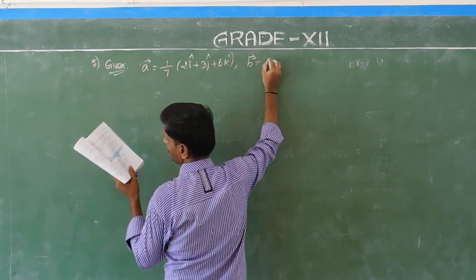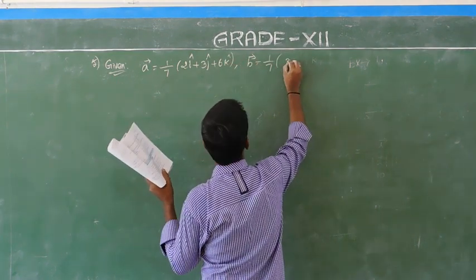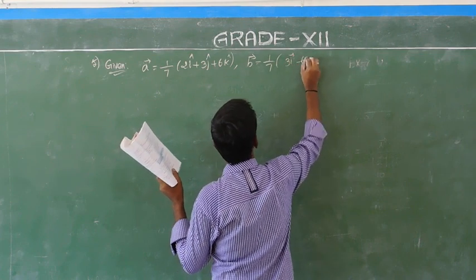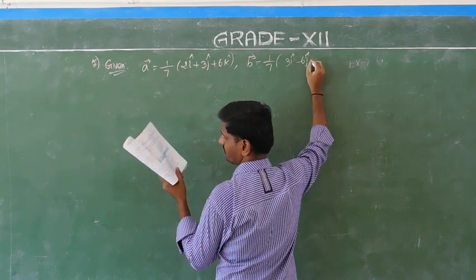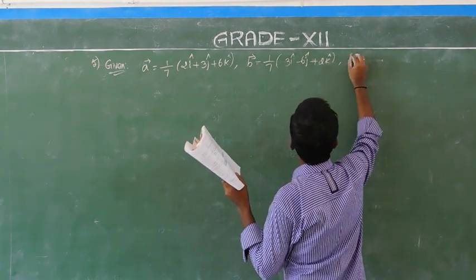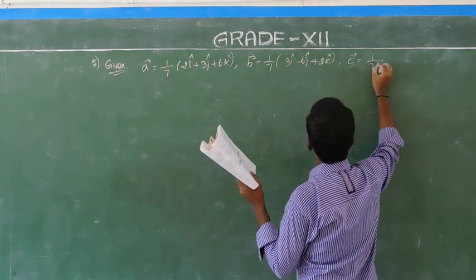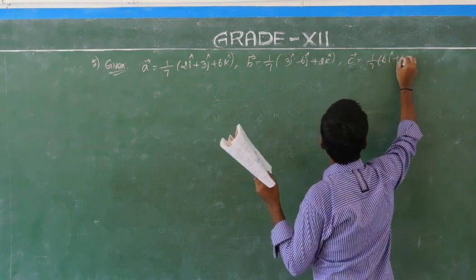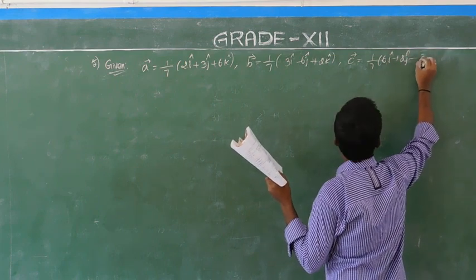Then B vector, which is equal to the same 1 by 7 into 3i minus 6j plus 2k. Then finally C vector, which is equal to 1 by 7 into 6i plus 2j minus 3k.